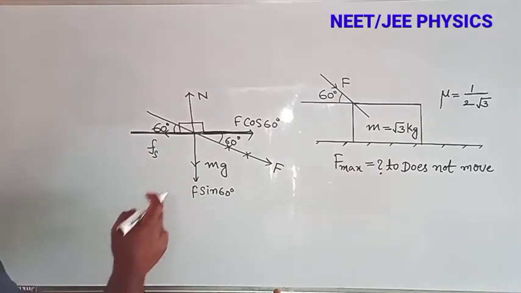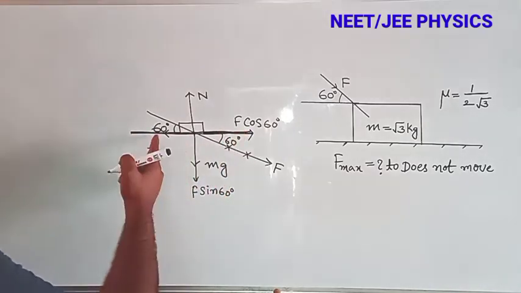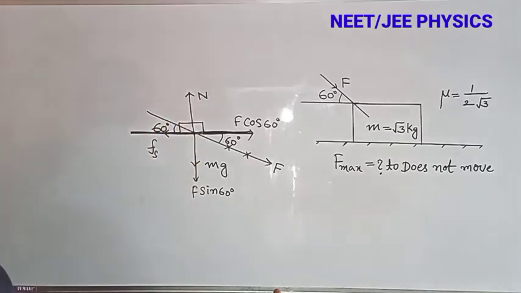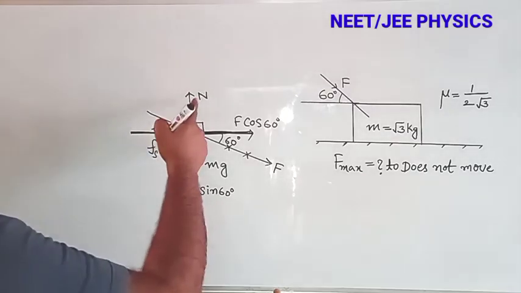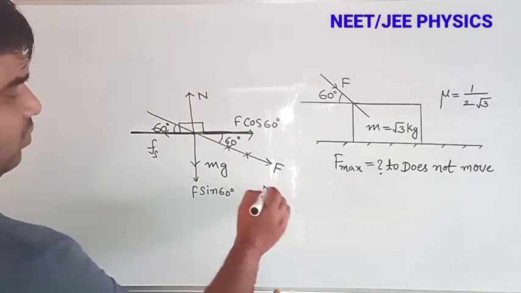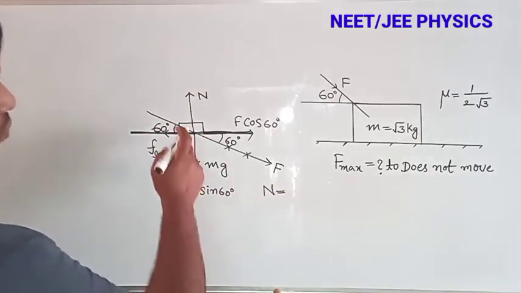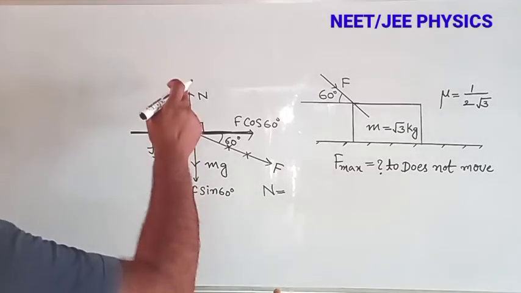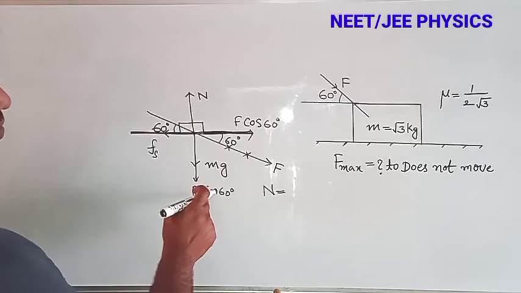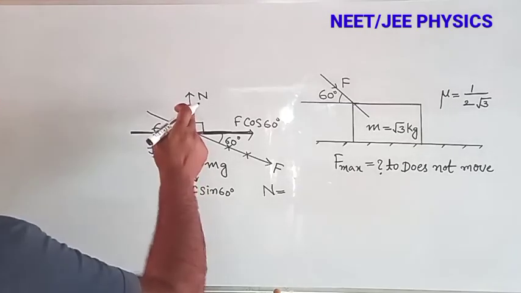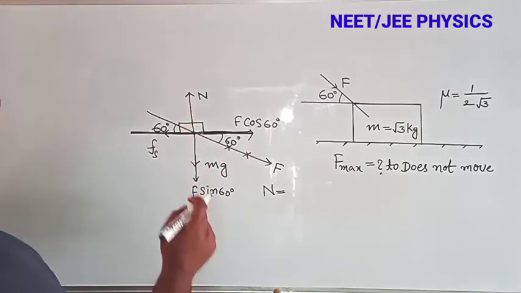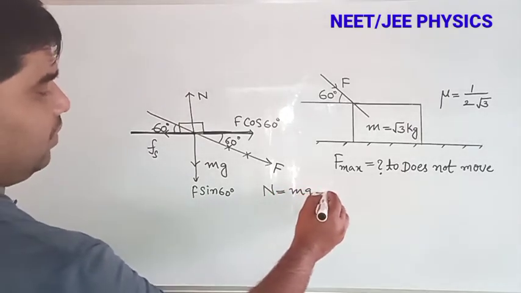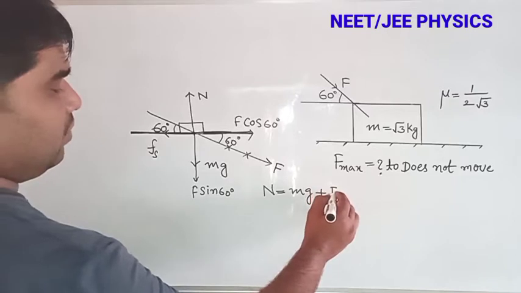Now equate all these forces. Now, what is the normal force here? The upward force equals the downward force, because the block is not moving either upward or downward. So N equals mg plus F sine 60.